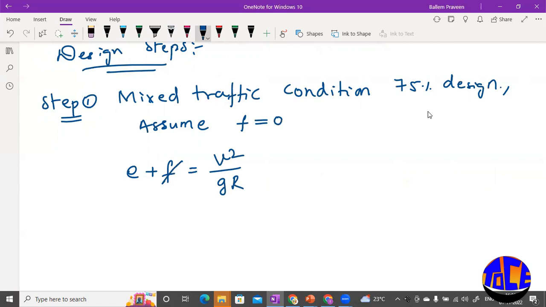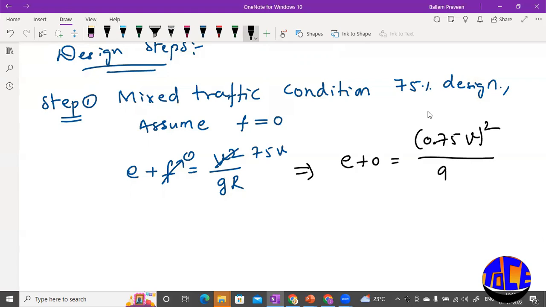From this, F is 0 and V is 75% of V, so it will be E plus 0 is equal to 0.75 V square divided by GR. Using this formula, we'll find out what E is. G is the acceleration due to gravity, R is the radius of the curve, and V is the design speed. These values will be known, and here you will find the E value.